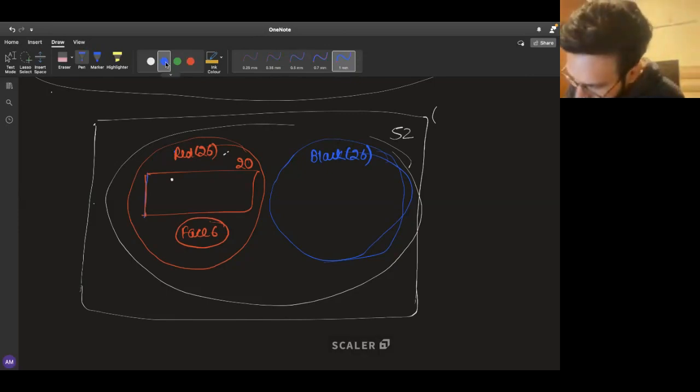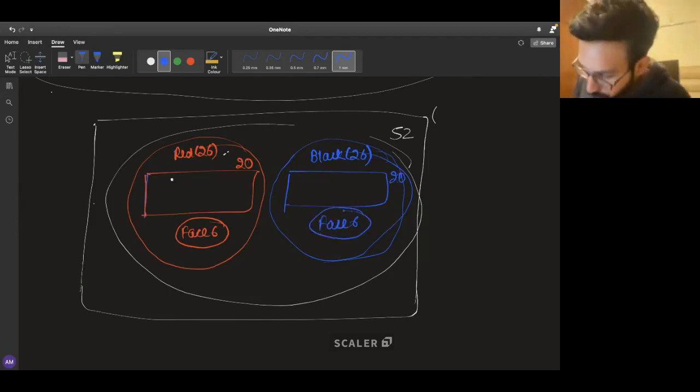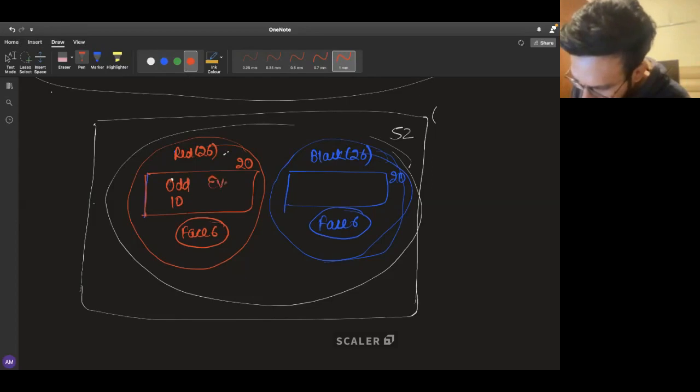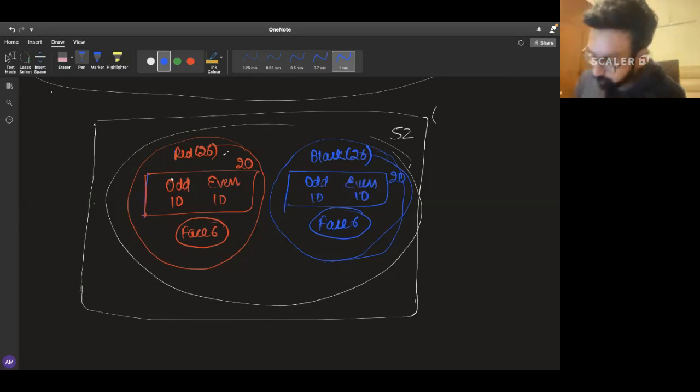So here again, I can say 20 numbered cards and 6 face cards. Within these 20 numbered cards, I will say 10 odd numbers and 10 even numbers. And here again, I'll have 10 odd numbers and 10 even numbers. Correct? Correct.